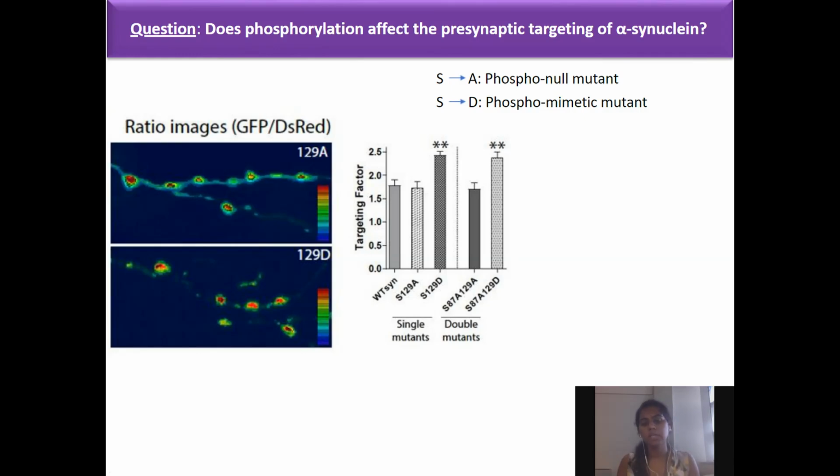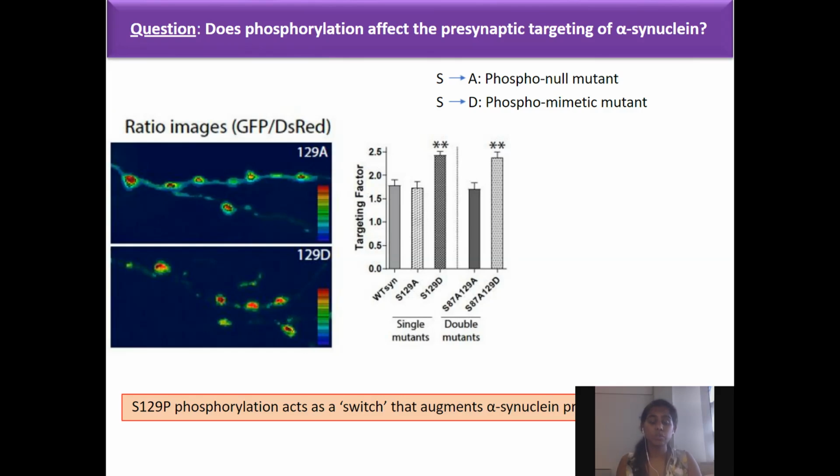We know this is specifically due to the 129 site, because in the double mutants, even when the S87 site is a phosphonull mutant, it does not affect synaptic targeting. So this clearly shows that S129 phosphorylation acts as a switch that augments alpha-synuclein presynaptic abundance.